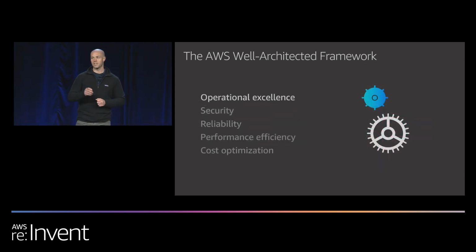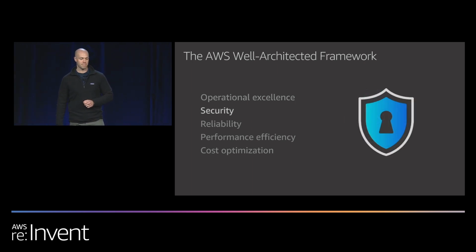The first pillar is operational excellence. This is the ability to run and monitor systems to deliver business value, which is a theme here you'll see, and to continually improve supporting processes and procedures. The second is security, which is the ability to protect information, systems, and assets while delivering business value through risk assessment and mitigation strategies.